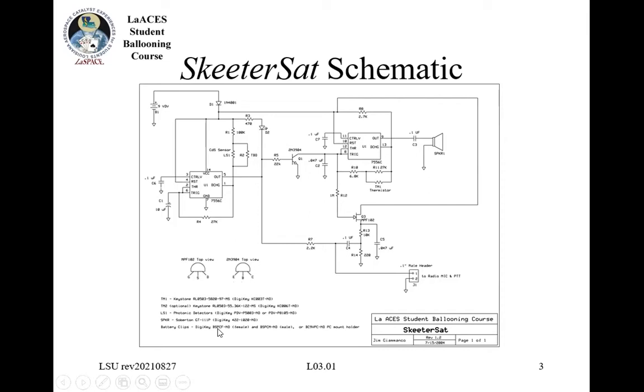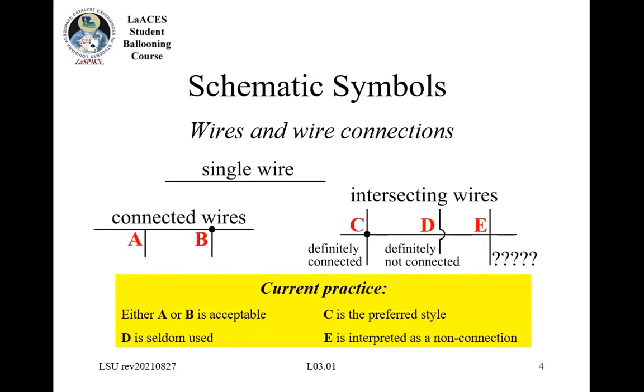When I make a schematic, I try to label as much as I can, so that whoever's looking at the schematic can understand as much as they can of the part without having to spend too much time on the data sheet, which is what the manufacturer provides for all of these different parts. Having all these pins nicely labeled and what values these components are is really critical when you make a schematic.